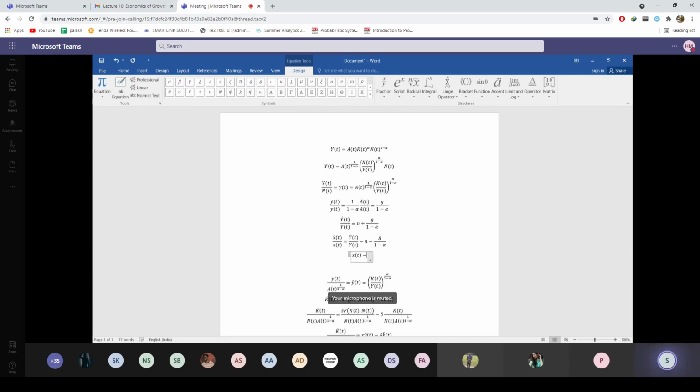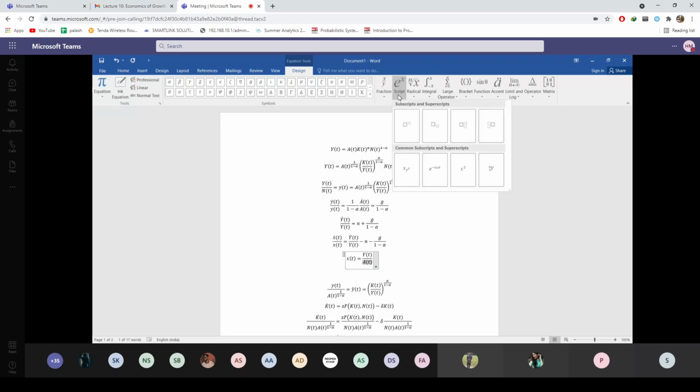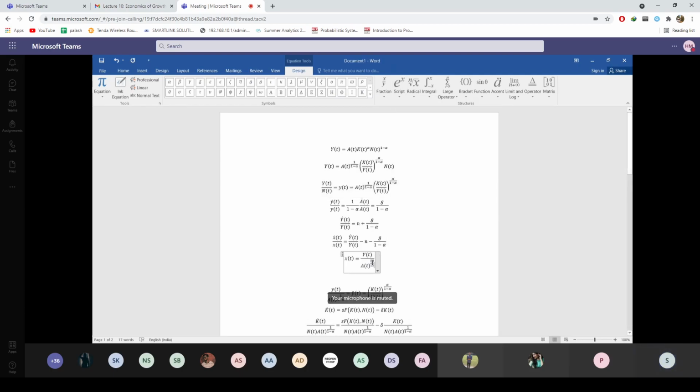xt equals capital Yt divided by At, whole to the power 1 over 1 minus alpha. Yes, sir, I understood.